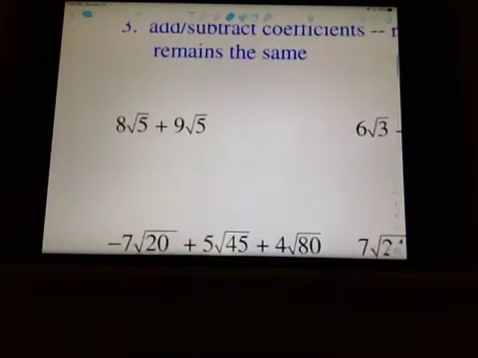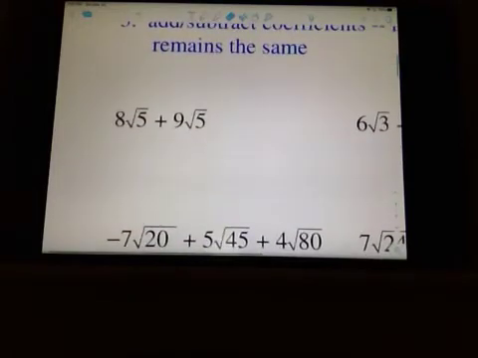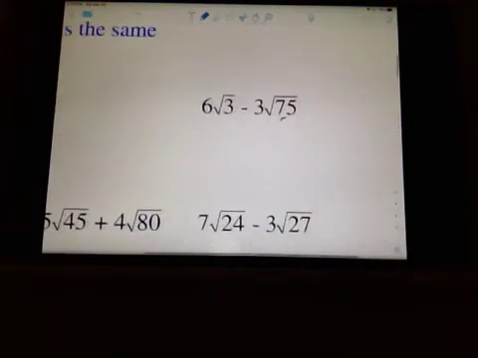So example 1, 8 square root 5 plus 9 square root 5, so our radicals are alike. So I just add the coefficients, 8 and 9, 17 square root 5. The next example, the radicals are not alike, so I'm going to make them alike. I'm going to take 75 and make it 25 times 3.